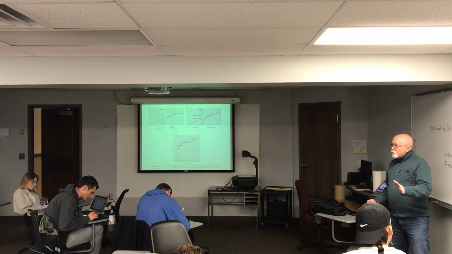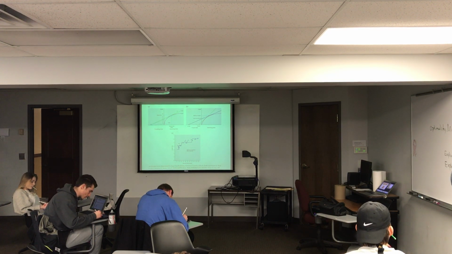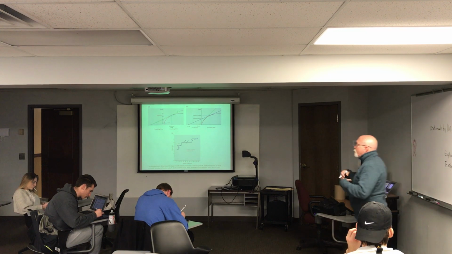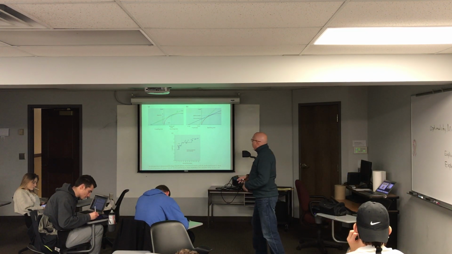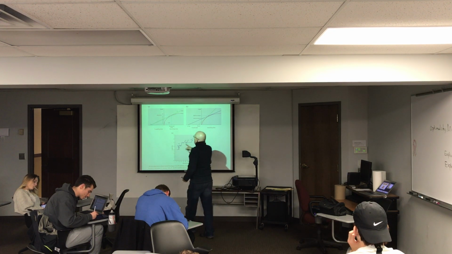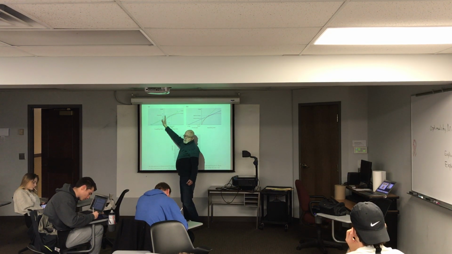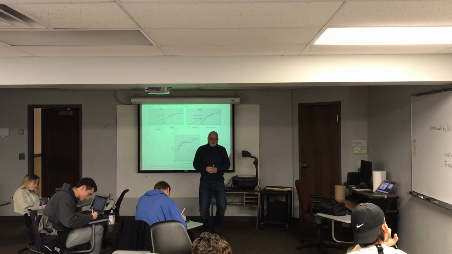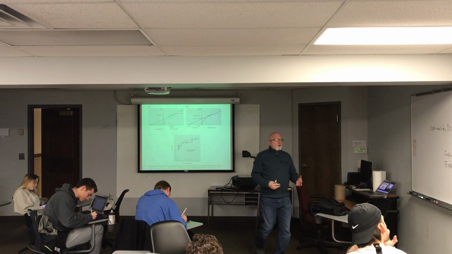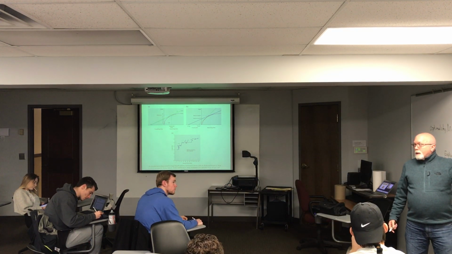The more time you spend in this patch, your rate of worm gain goes down. So if you're trying to maximize the number of worms, you want to spend as little time in the patch as possible, because that's where the tangent has the highest slope. If that's your currency, you should spend as little time as possible.